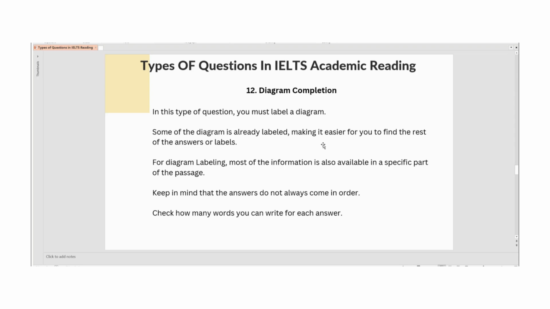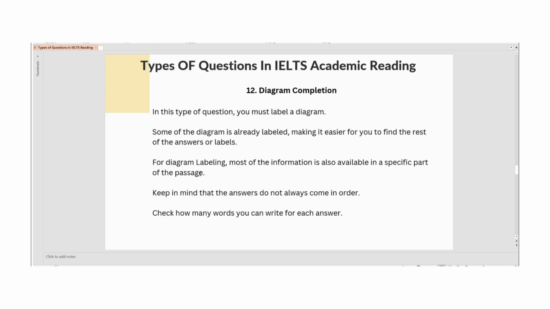For diagram labeling, most of the information is also available in a specific part of the passage. Just like table completion, you can find most of the information for diagram labeling in a specific part of a passage. No need to stress on this point anymore because I've explained it in detail in the previous question type.